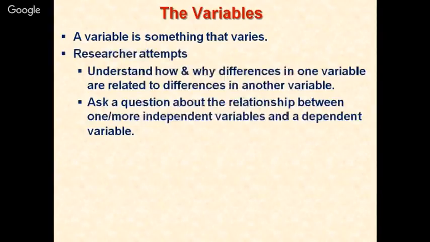Now the variable is something that varies, as I have already told you. The researcher attempts to understand how and why differences in one variable are related to differences in another variable.